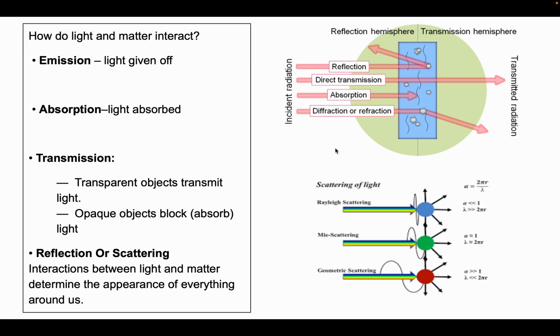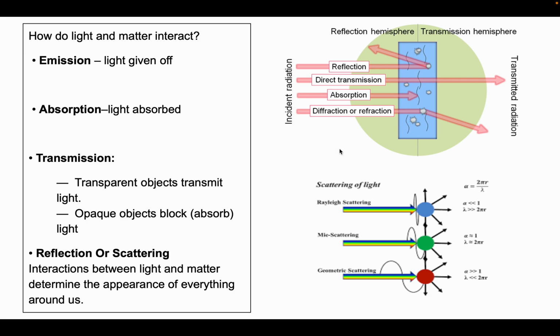Also, matter can emit or give off light; that process is known as emission. In absorption, the light gets absorbed and does not come out from the other surface or any other surface.